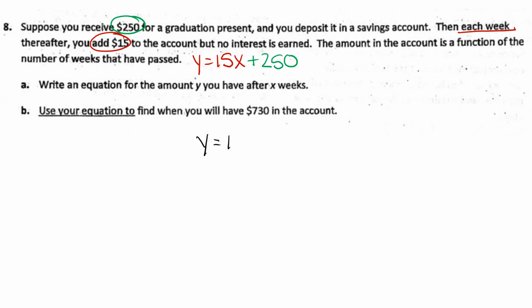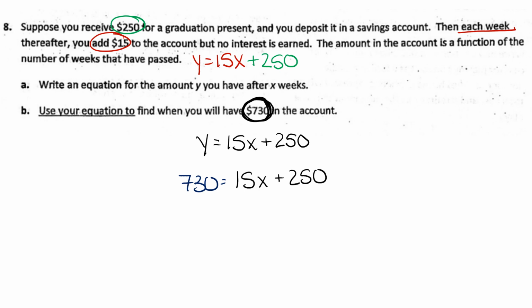Now, we want to use that equation, y equals 15x plus the $250, and figure out how many weeks it takes to get a total of $730. So again, $730 is our total. We're missing the number of weeks. That's what we're trying to solve for. Solving equations means we work backwards. So instead of plus 250, we do the opposite.